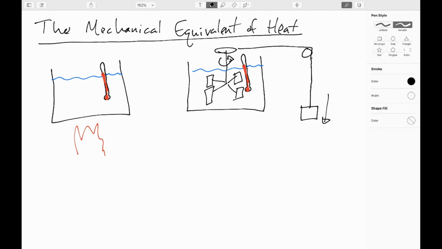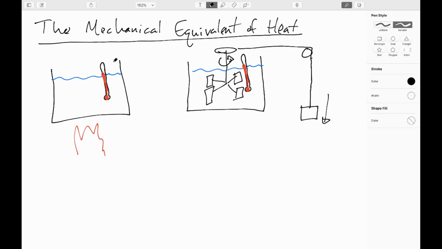Okay, we'll start out our journey into heat transfer first by taking a look at what's called the mechanical equivalent of heat. This is a very long and tortured phrase that has a lot of history behind it. In the early days of thermodynamics, people understood that when you lit a flame underneath a beaker of water, so if you stuck a thermometer in a beaker of water, you'd see that the temperature would go up.